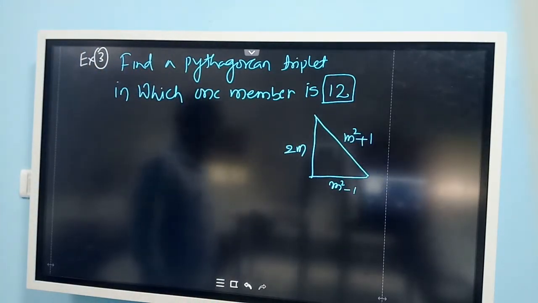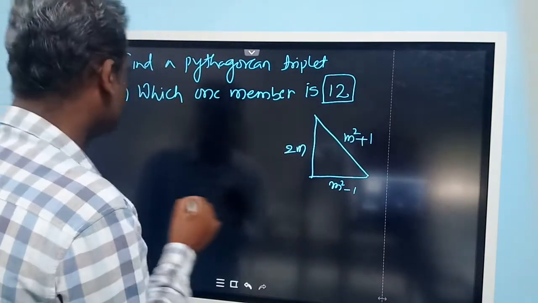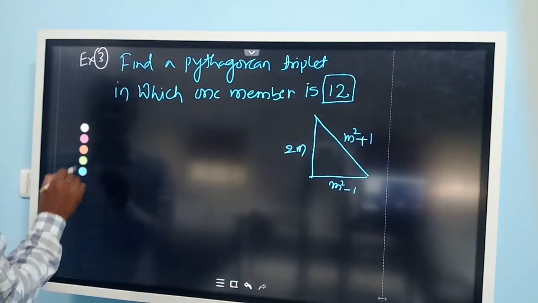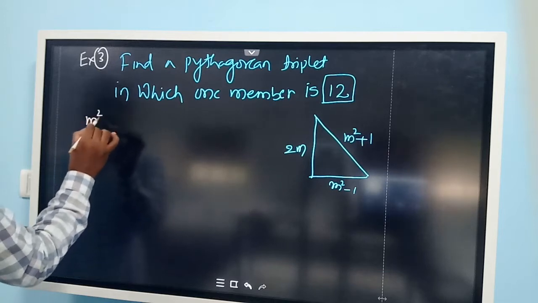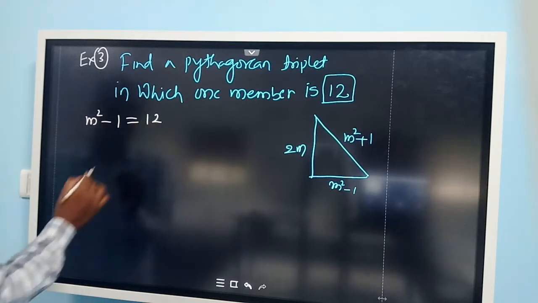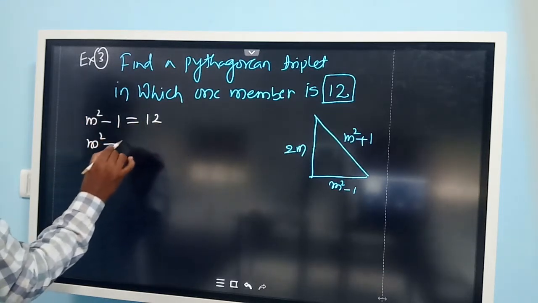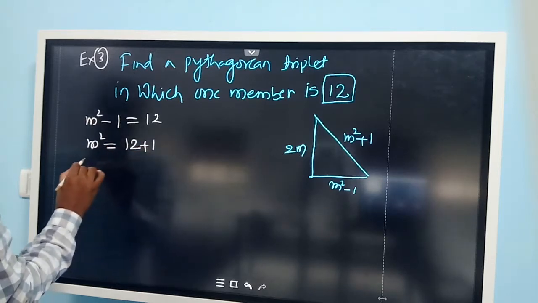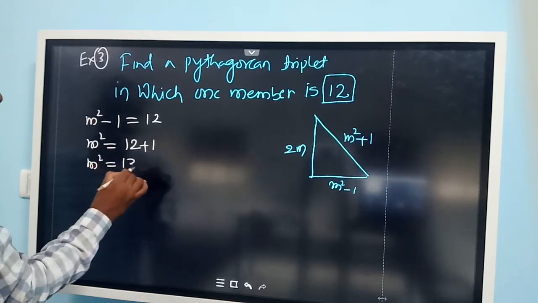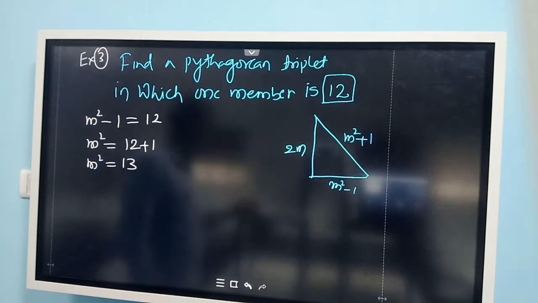So let us take first this one as 12. If m square minus 1 is equal to 12, so m square is equal to 12 plus 1. So m square is equal to 13. Look at this. It cannot be an integer.